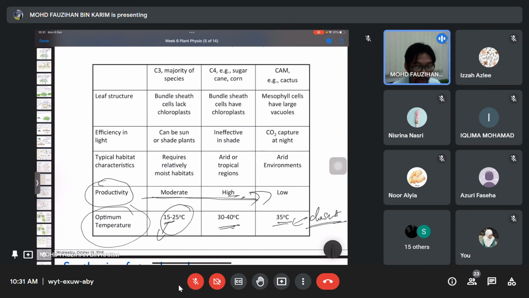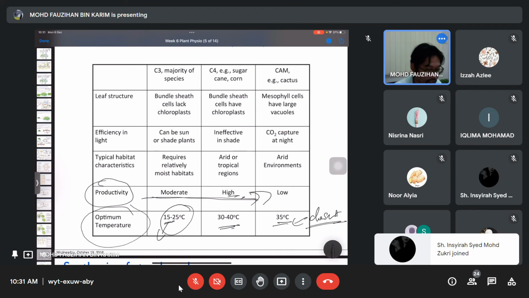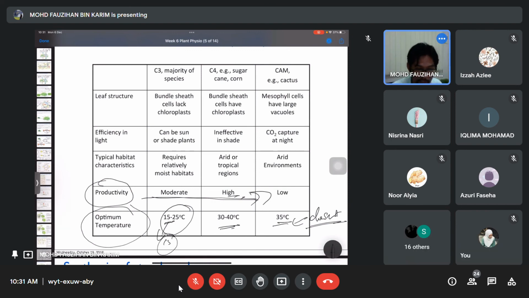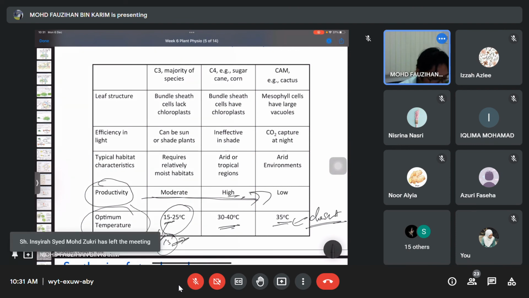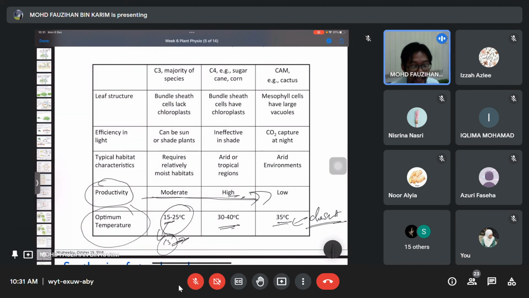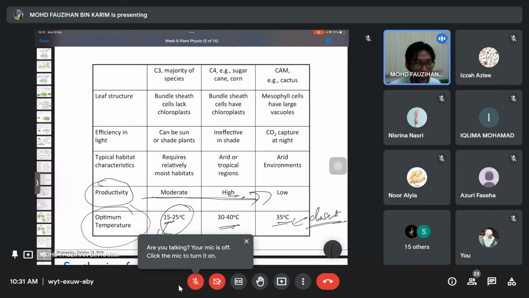That's why in the low temperature, as I told you, C3 plants are more efficient than C4 plants, because at 15 degrees the photosynthesis still happens. Even though there is a competition between carbon dioxide and oxygen, the process is still happening. There is still a chance of carbon dioxide being fixed into the Rubisco.